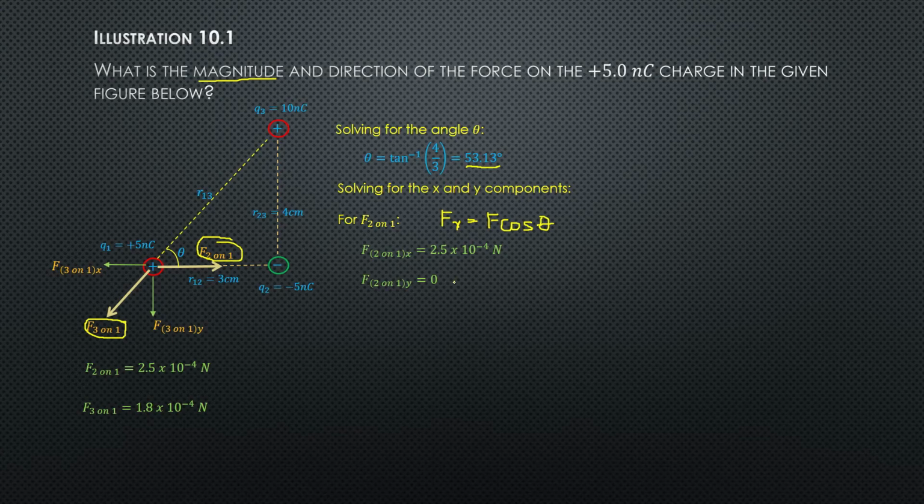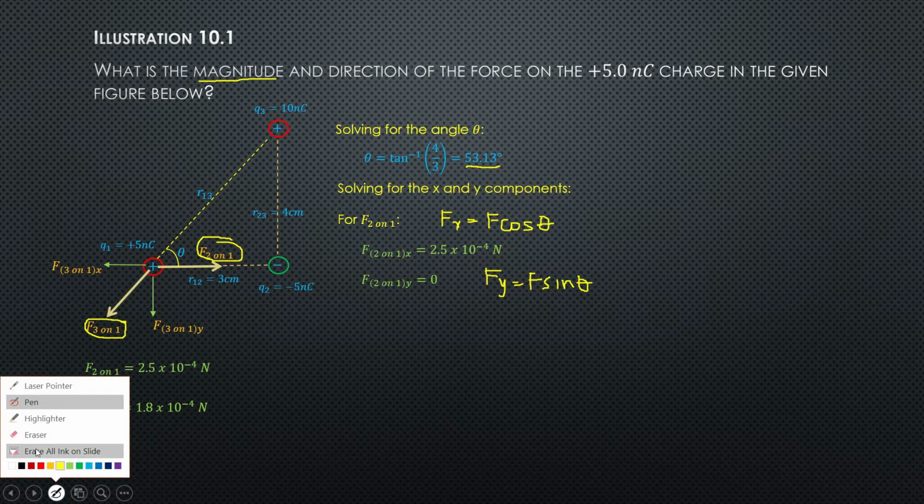For the y component, that is F sine theta. Sine 0 is 0, so 0 multiplied by the value leads us to 0.